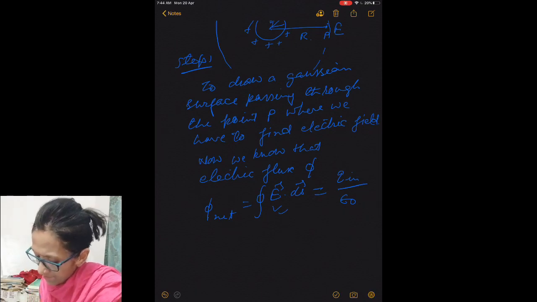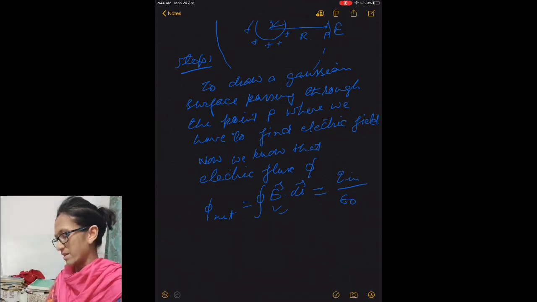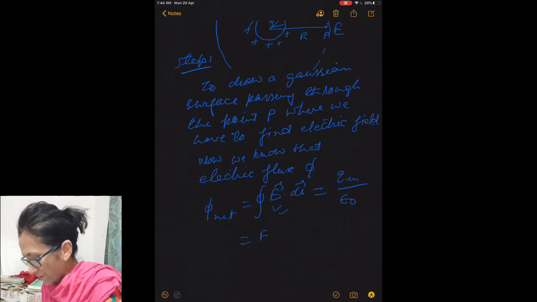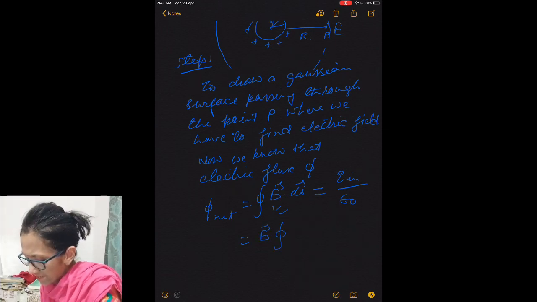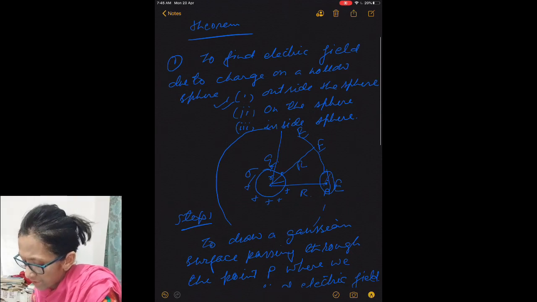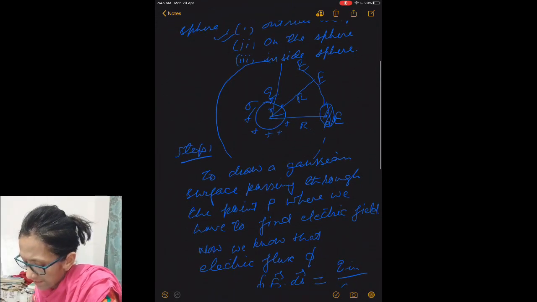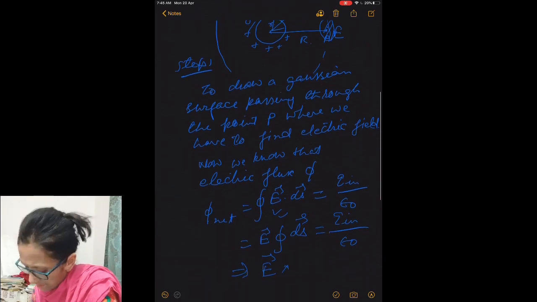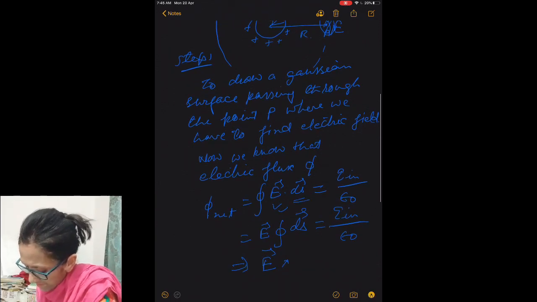So E becomes a constant, and our work becomes very simple. Let us take E outside the integral. The integral of dS is equal to q enclosed by epsilon naught.